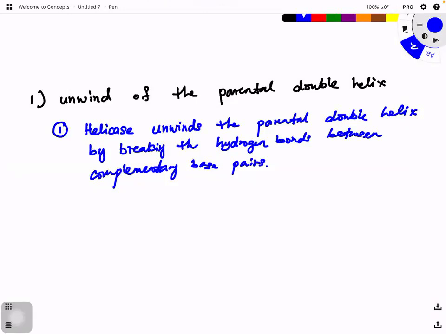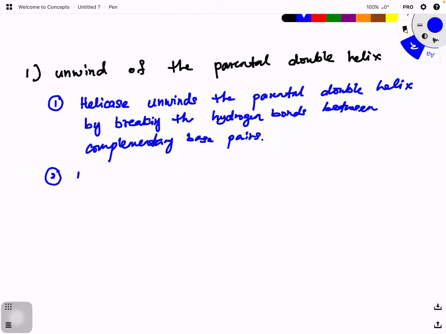So once you unwind, number 2, now the parental strands can act as templates. They are exposed and form templates.